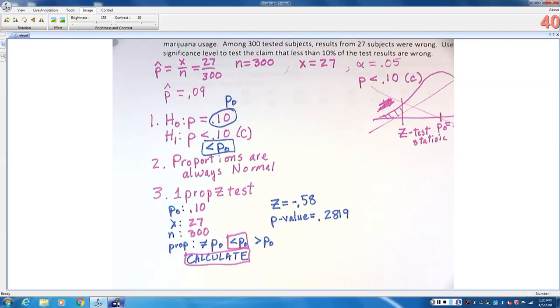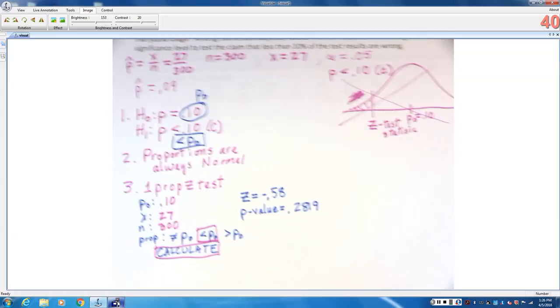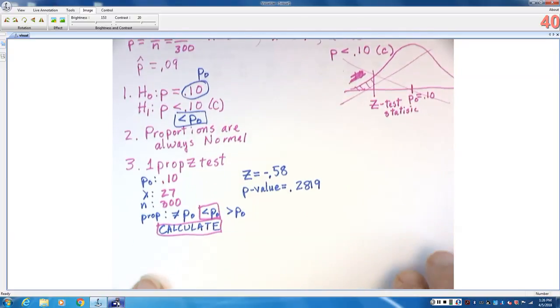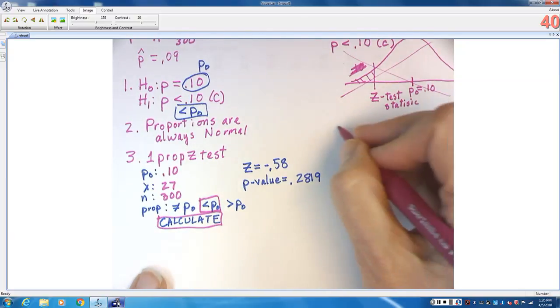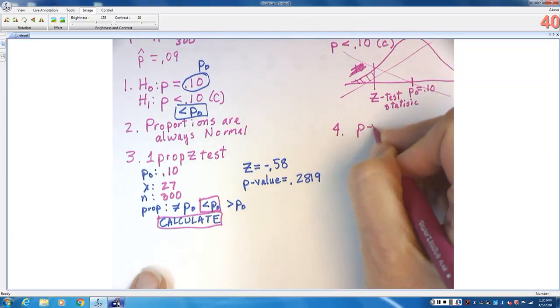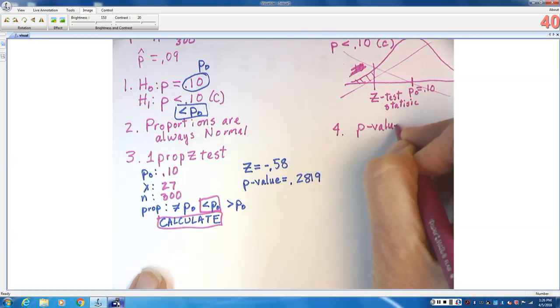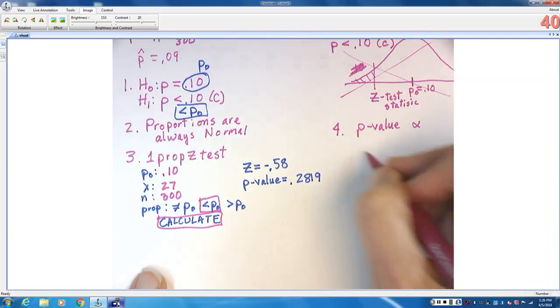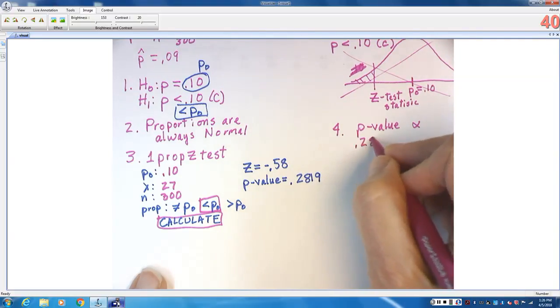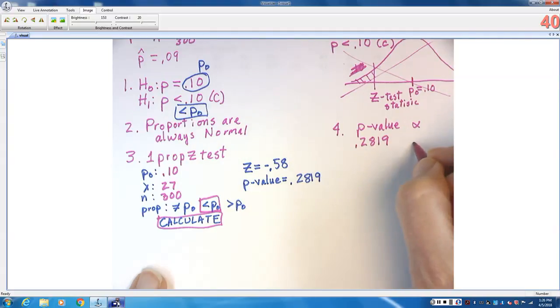Okay, so now we're going to do step 4. Compare our p-value to our alpha: 0.2819 and 0.0500.